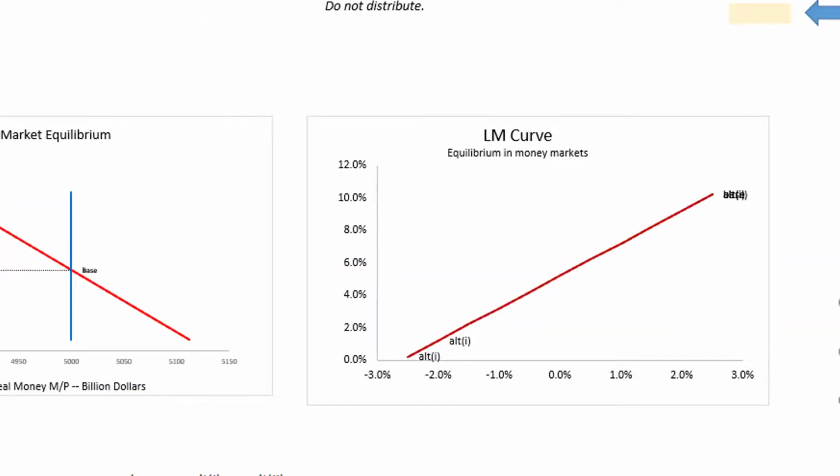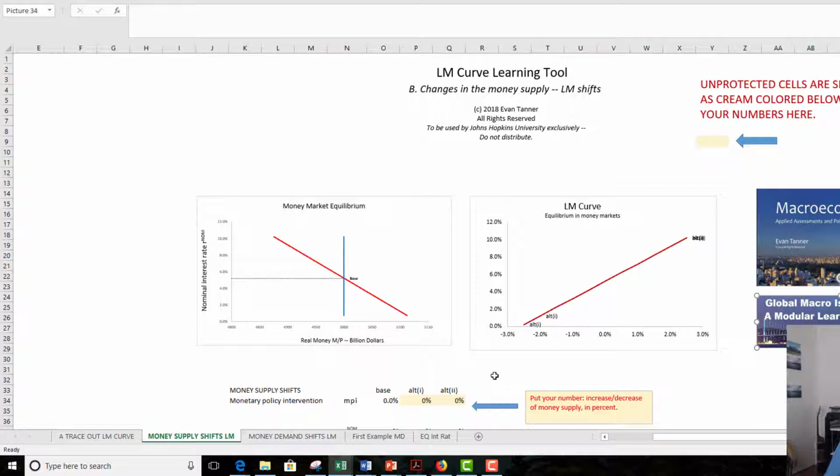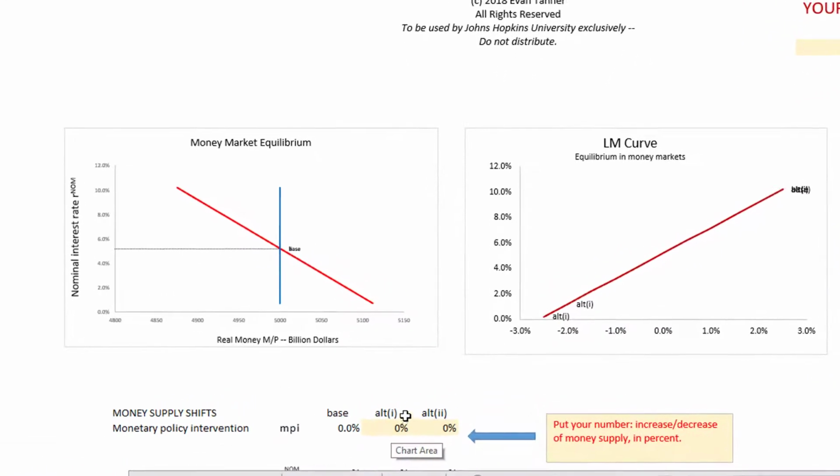Now, we do want to think about what happens when there's intervention in the money markets, and that means that the central bank steps in and increases or decreases the money supply.